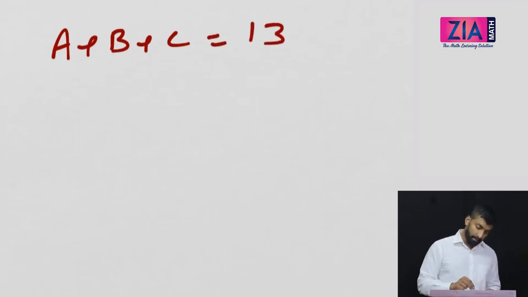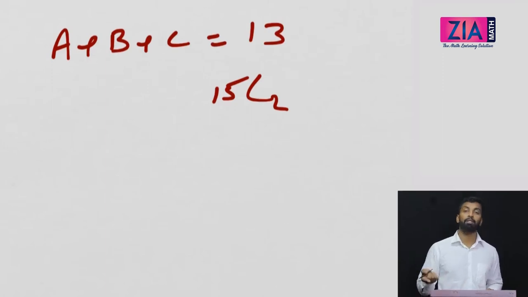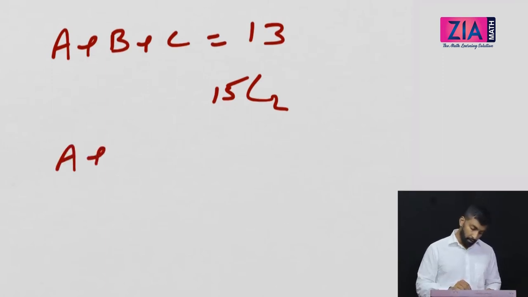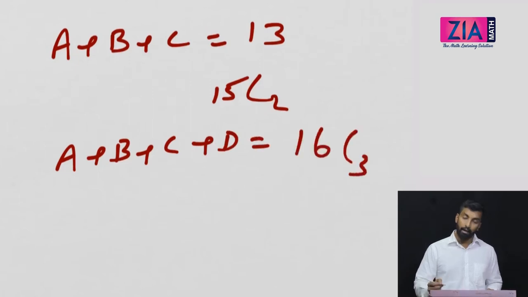So you can solve directly the moment you see A plus B plus C is equal to 13. Then see, 2 pluses are required. Your answer is 15C2. If you need to distribute 13 chocolates to 4 people, you will write it as A plus B plus C plus D equal to 13, so the answer is 16C3. Because the right hand side is the same, right? Right hand side is nothing but 13 itself.